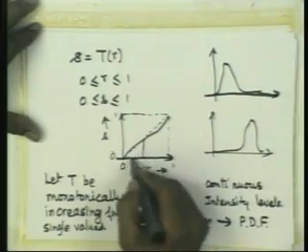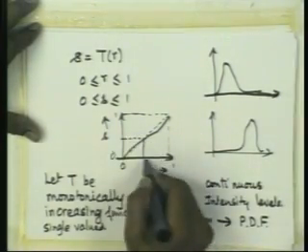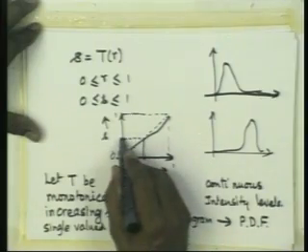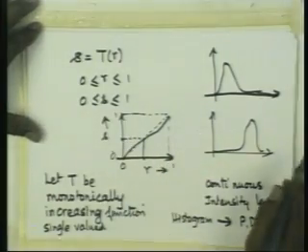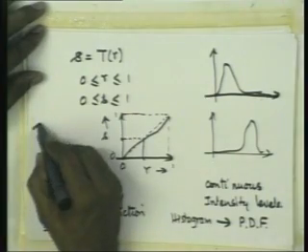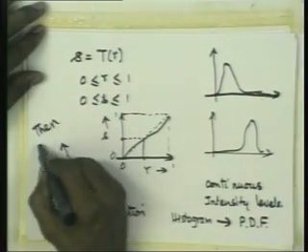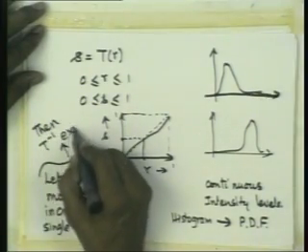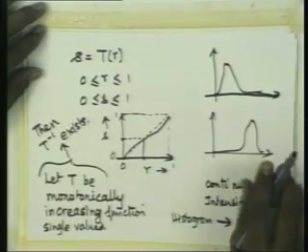So if for each input I have a single output value, then it is possible for me to define an inverse transformation also, right. So if this property is satisfied, then T inverse exists. Okay, this will be useful for us in doing some enhancement techniques.